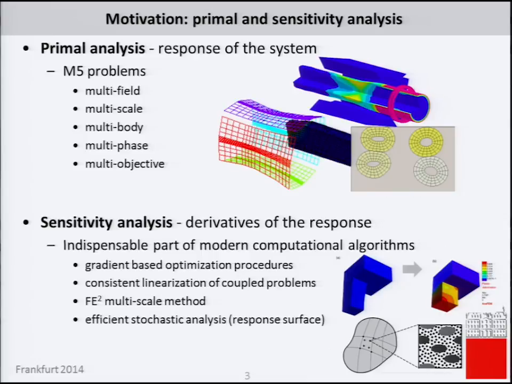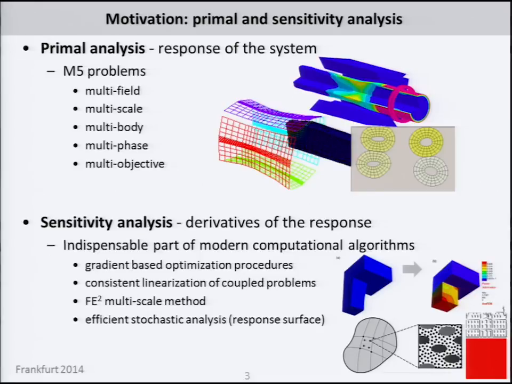That means derivatives of the response so that we can make gradient-based optimization, that we can linearize multiscale problems consistently, that we can make efficient stochastic analysis. So all these algorithms can be made much more efficient if we have efficient sensitivity analysis, especially higher order.